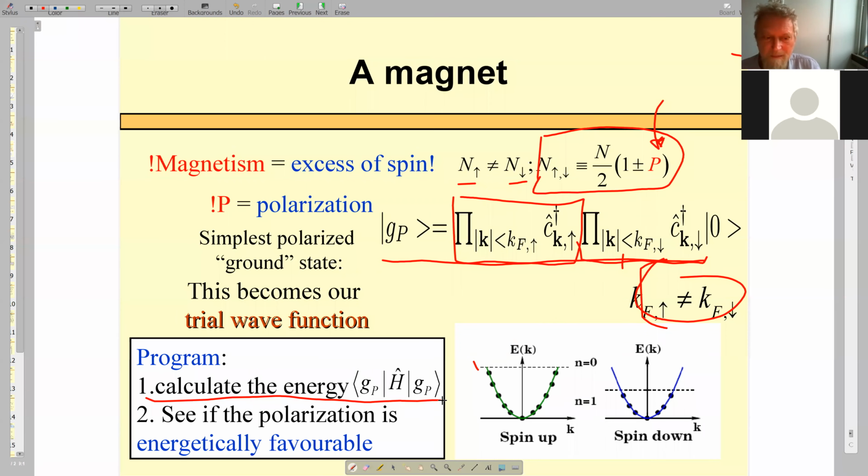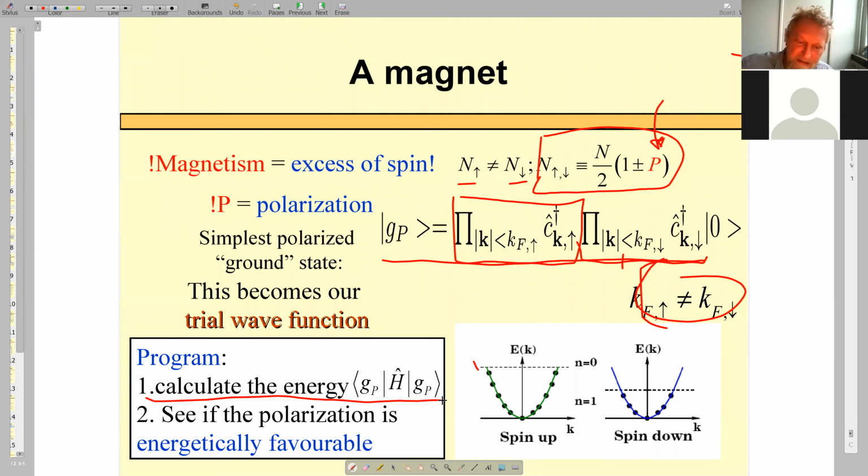Then, from this manifold of states, we'll try to find the best one. The best one is the one with lower energy.